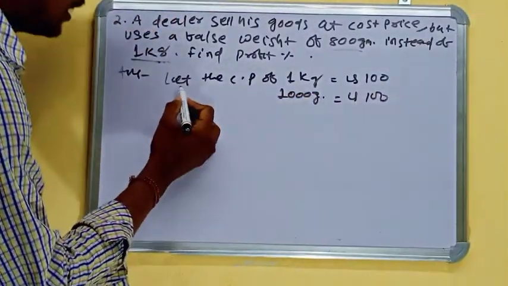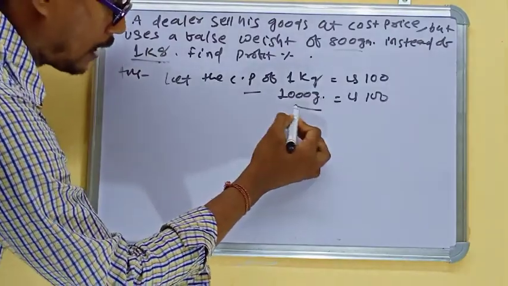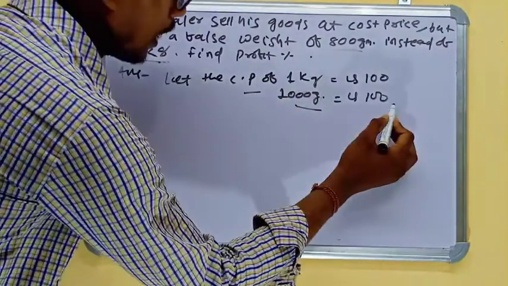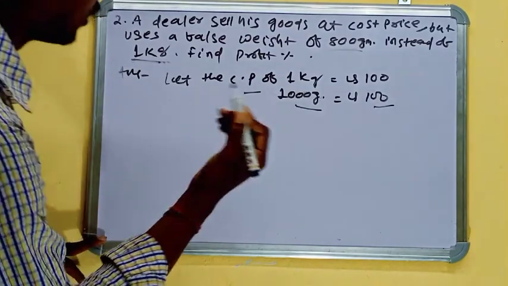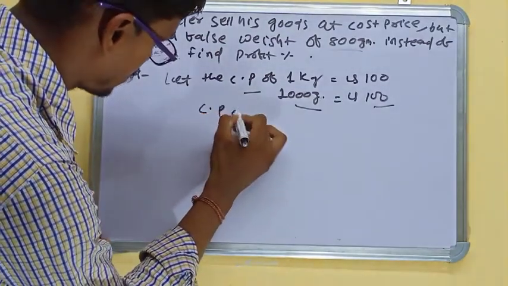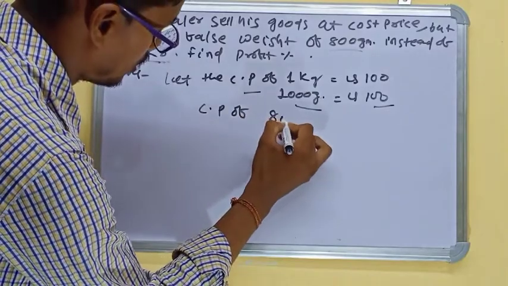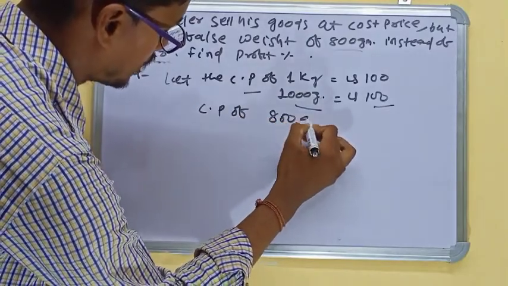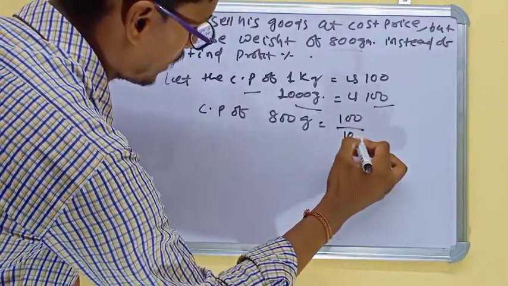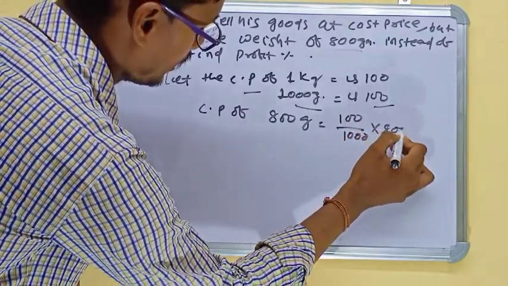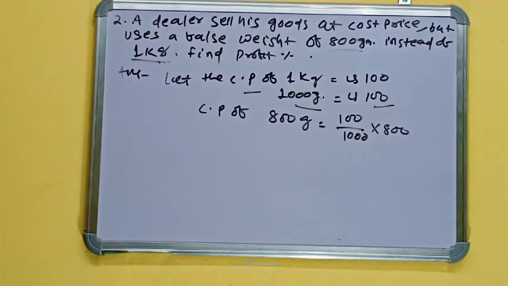Then the CP of 800 gram is equal to 100 divided by 1000 into 800.